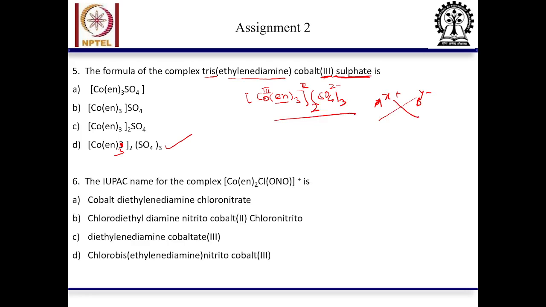The IUPAC name for the complex cobalt en2 Cl plus. Okay. So what is the correct answer for this?